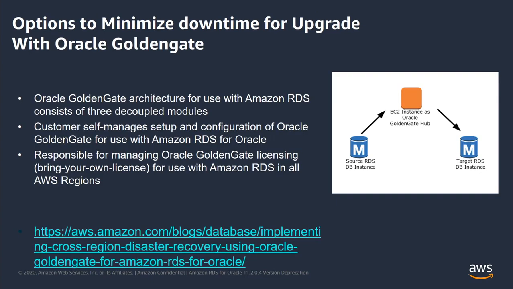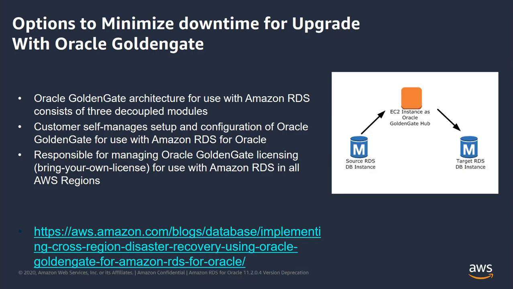The other option is using Oracle GoldenGate. Oracle GoldenGate can collect and replicate transactional data between two databases. If both databases are in the cloud, they can be in the same region or even different regions. For example, you could have an EC2 instance configured as an Oracle GoldenGate Hub.